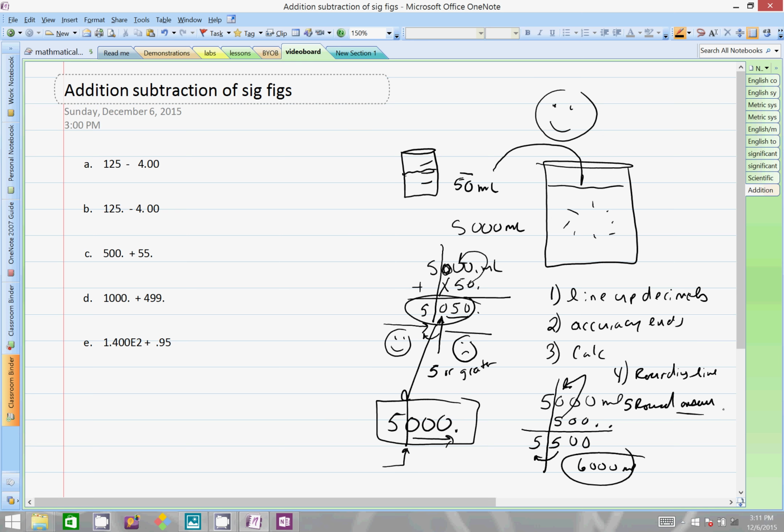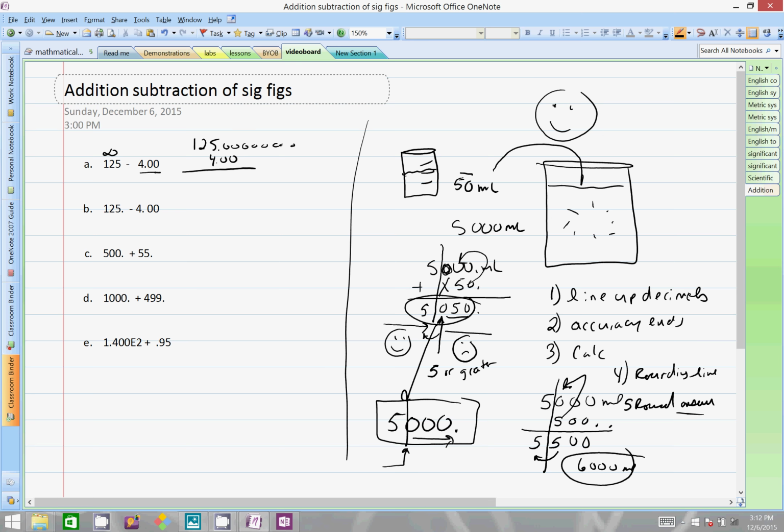Alright, so let's try a couple of examples here. I have 125 minus 4.00. As I mentioned in a previous video, one of the rules we use here is that no decimal means it's an exact value. So exactly 125, which means this thing continues on. It's an exact value, an infinite number of sig figs.